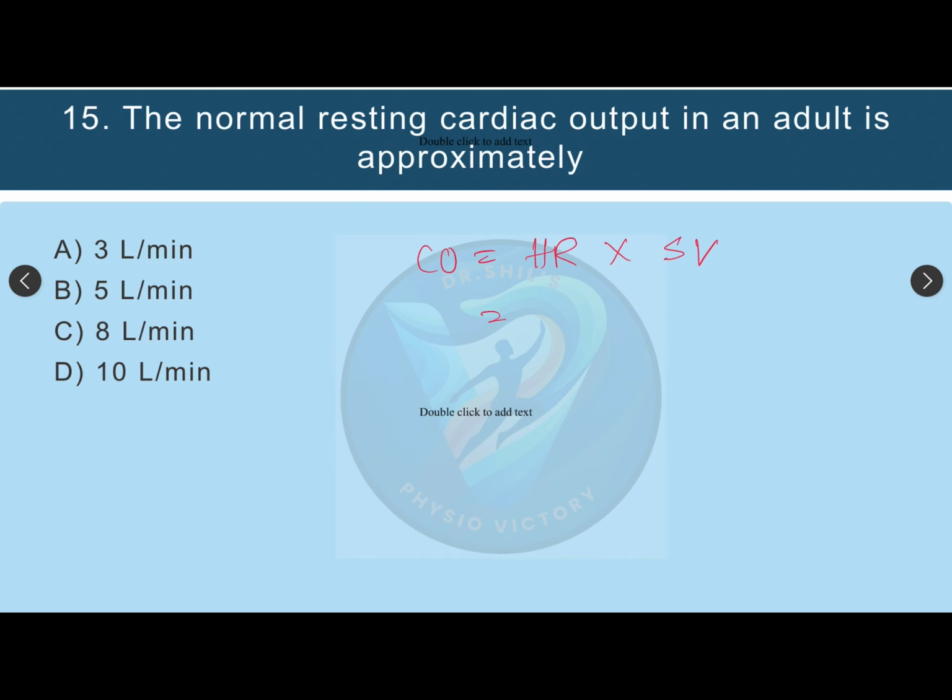Heart rate is near about 72 per minute and stroke volume is 70 ml per beat. So it is near about 5 liter. So the answer is option B.